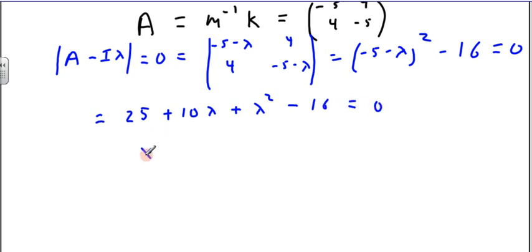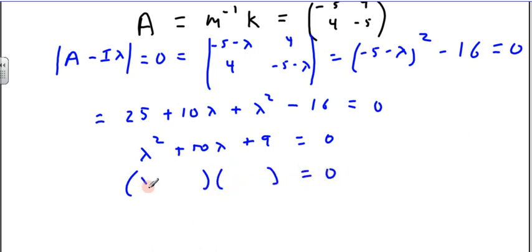I've got lambda squared plus 10 lambda plus 9 is equal to 0. I can factor that. Lambda plus 9, lambda plus 1 is 0. So my lambdas, my eigenvalues are going to be minus 9 and minus 1.